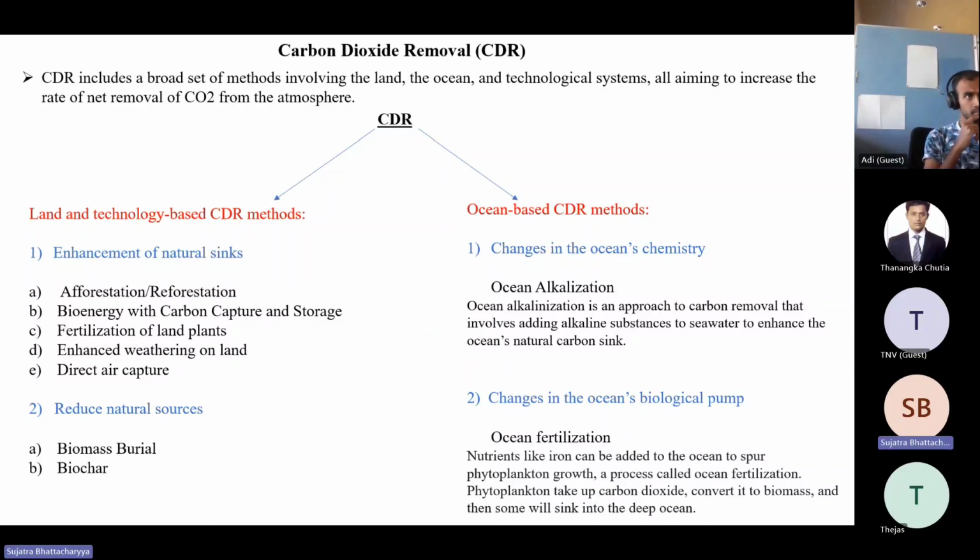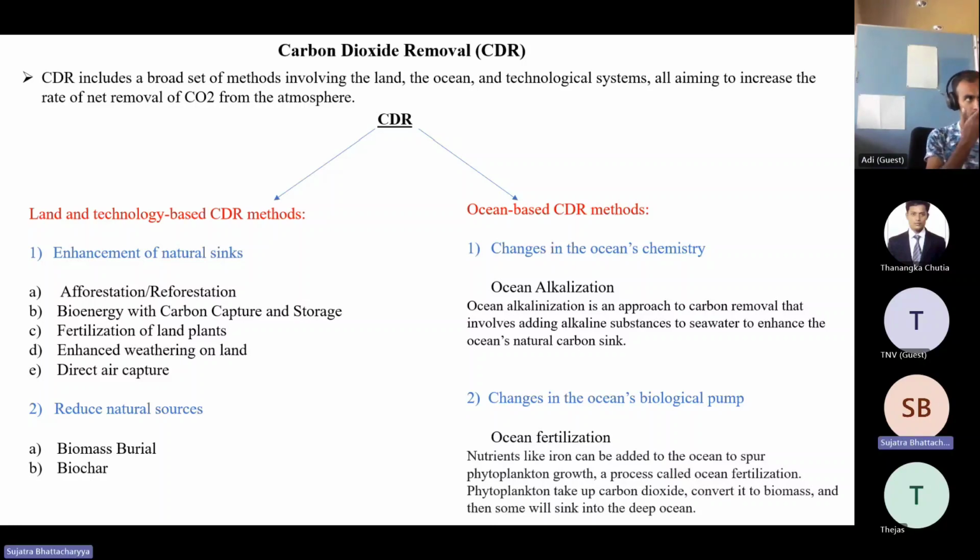This process is called ocean alkalinization. Ocean alkalinization is an approach to carbon removal that involves adding alkaline substances to the seawater to enhance the ocean's natural carbon sink. Second is change in the ocean biological pump.